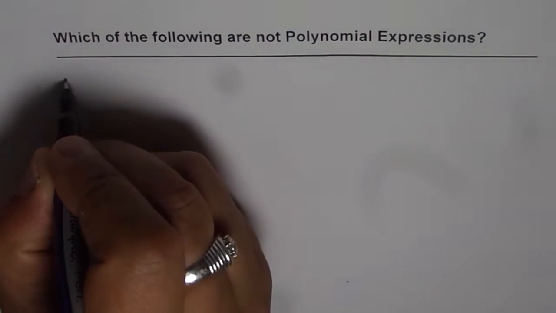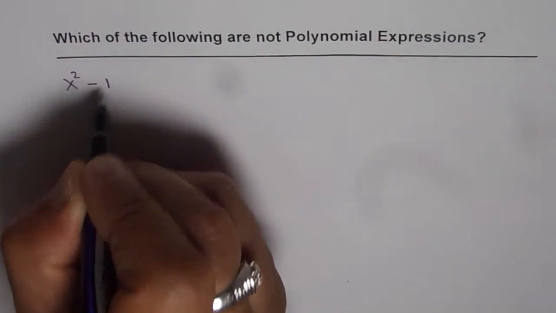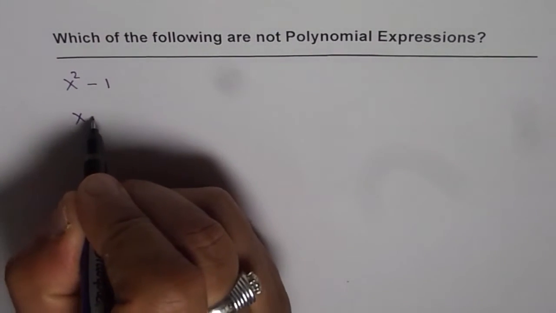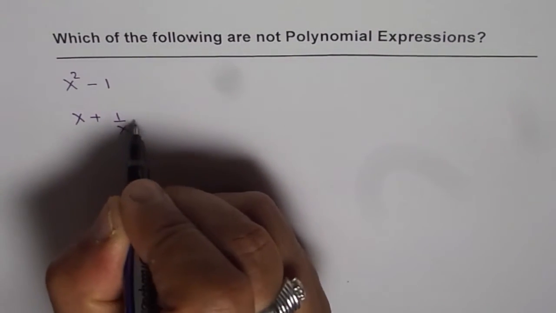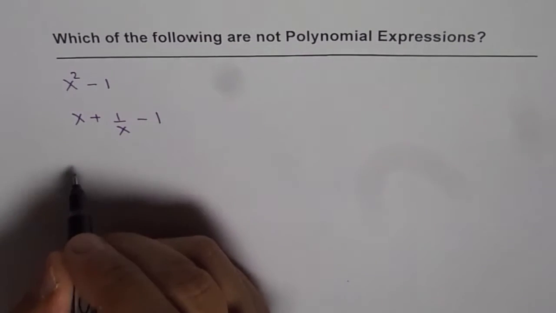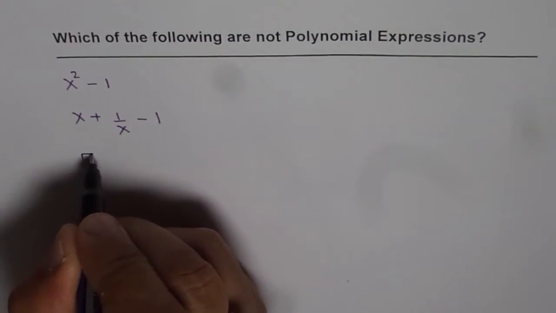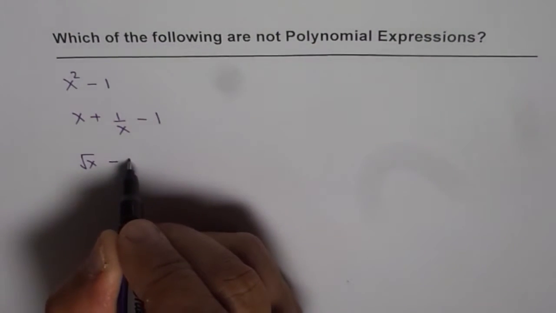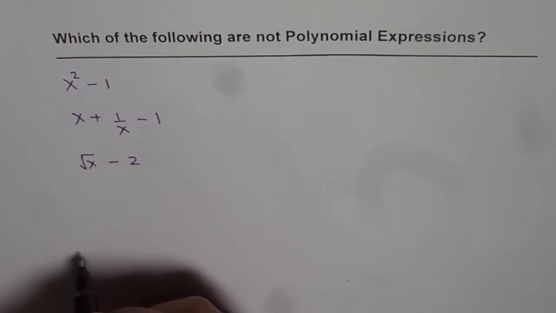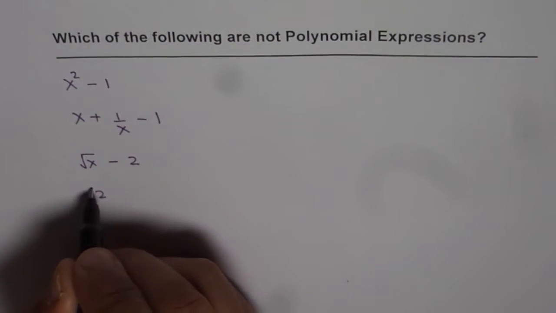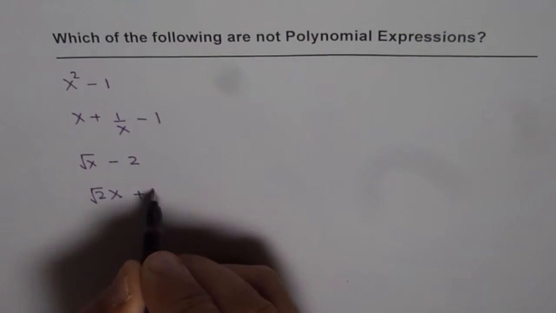So let me write down. Let us say we have x squared minus 1 and we have x plus 1 over x minus 1. We may have square root of x minus 2, and then we have square root of 2x plus 1.